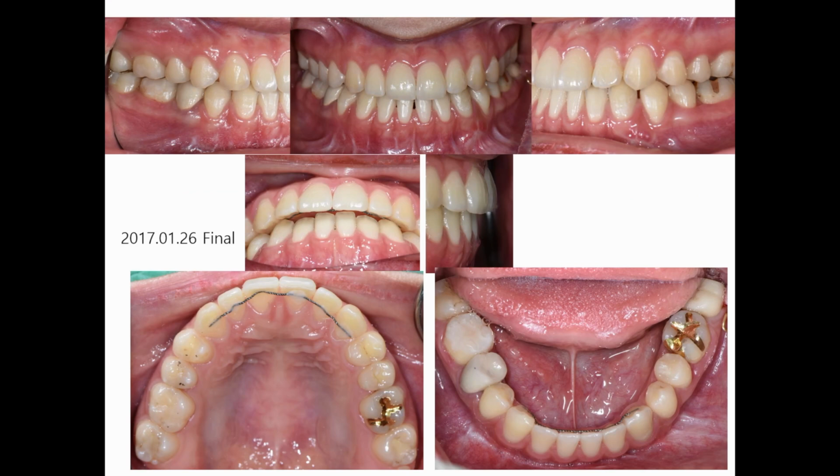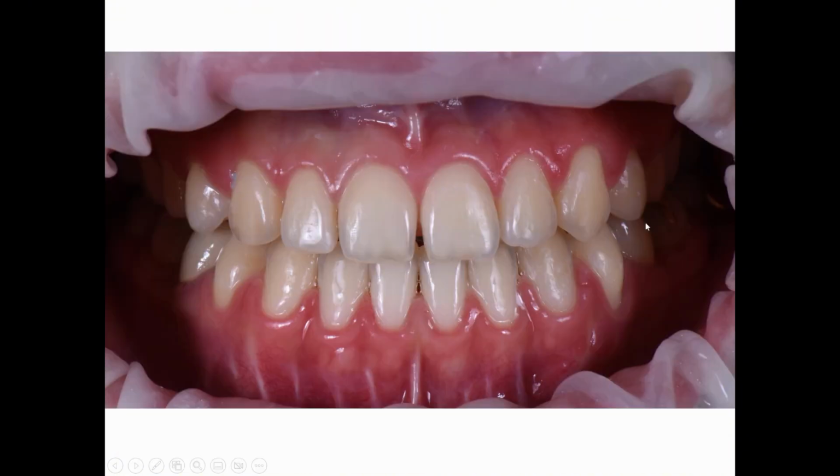This is final result. Okay. Full teeth in upper and lower. A little uncomfortable occlusion, but I think this is good result because she is oral surgeon and this is first approach.